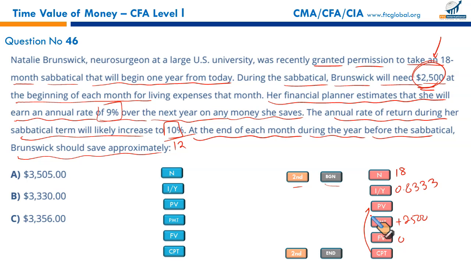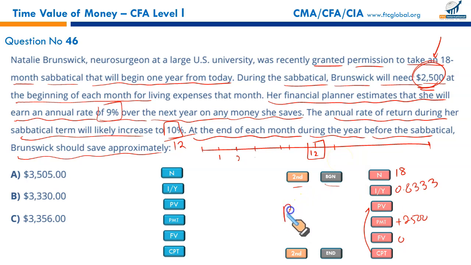This present value, gentlemen, since we have used the annuity due, if you draw the timeline in the beginning, you should, but as you become expert with practice, you just need to punch in the keys and you get your result. Since we have used annuity due, the present value has been calculated at the end of year 12.